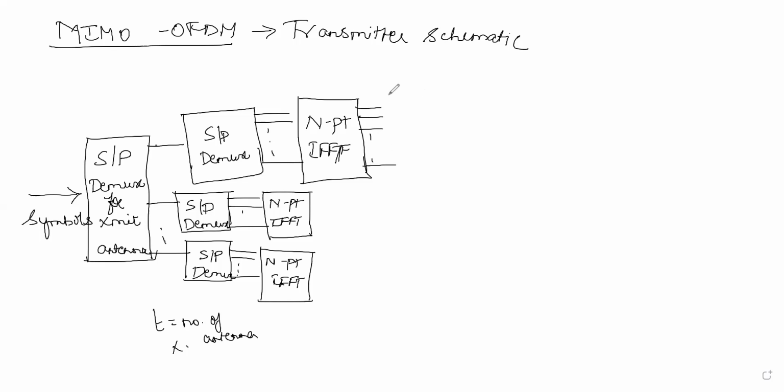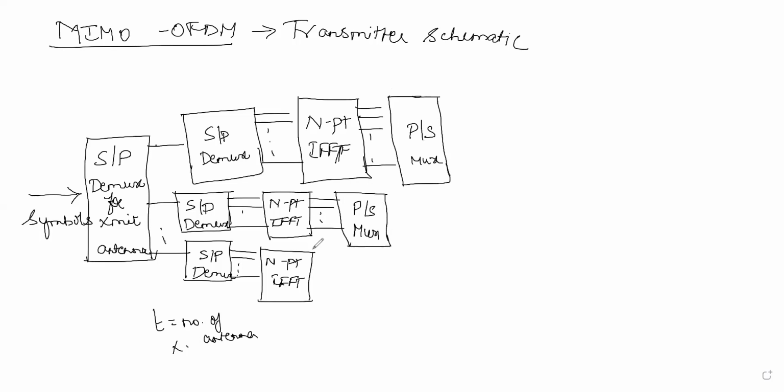The output of this IFFT is now ready for transmission, so it will be converted from parallel to serial mux. This converted signal will go through parallel to serial mux, similarly here.